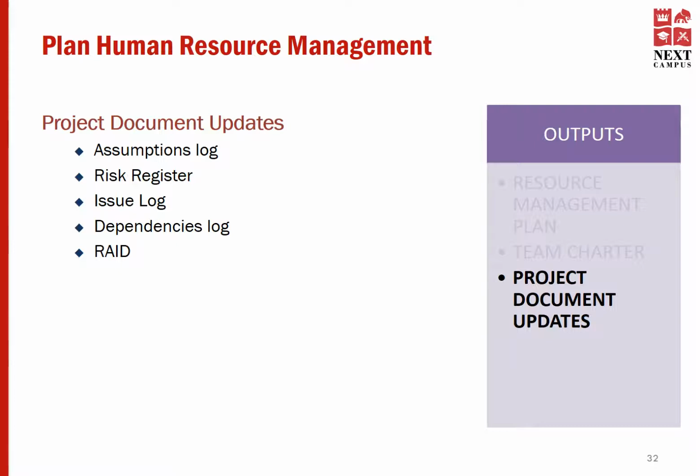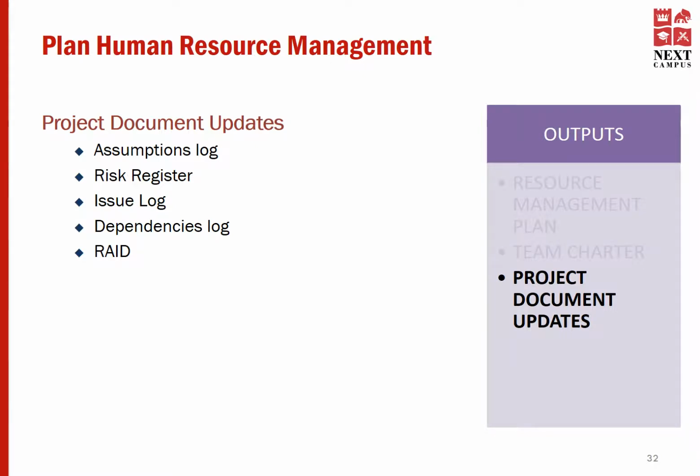This is a living document that will be maintained throughout the project, which will list down all the assumptions associated with the project delivery. The second document that is updated is the risk register. It's another living document that must be kept up to date. That is where you log all the opportunities and threats associated with your project delivery.